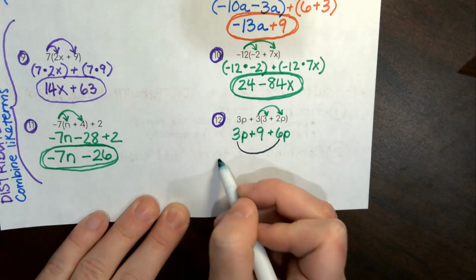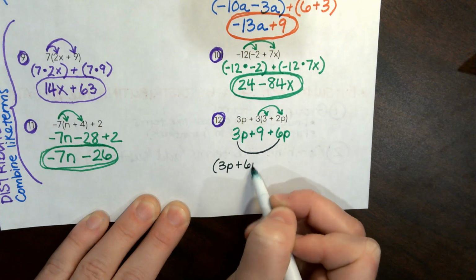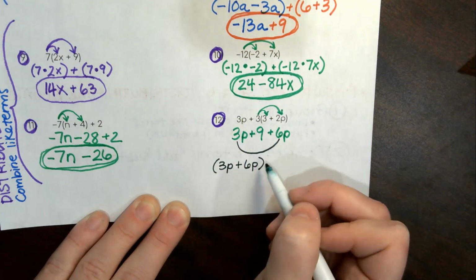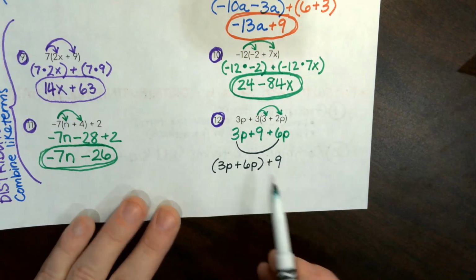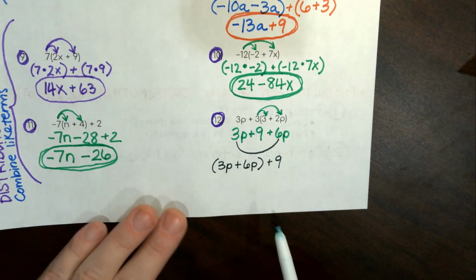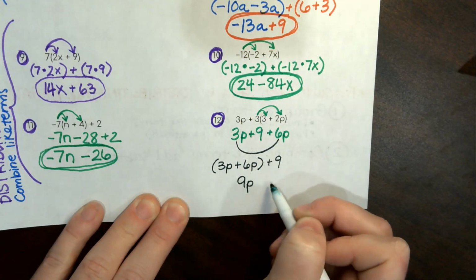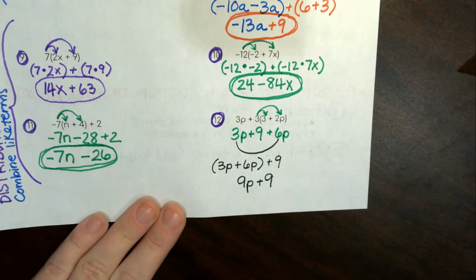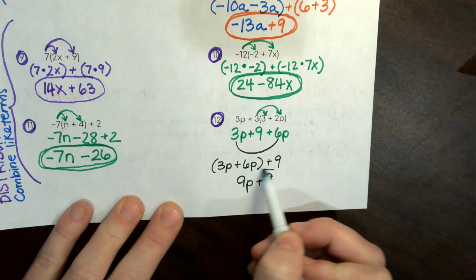So I'm going to do 3p plus 6p. And I want to bring down that 9 so I don't lose track of it. All right, what is 3p plus 6p? 9p. And then I bring down my plus 9. Am I done now? I sure am. There's no more terms that I can combine, so we are going to circle our answer here.